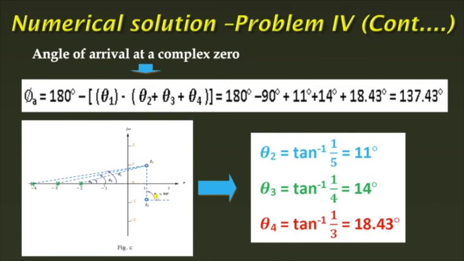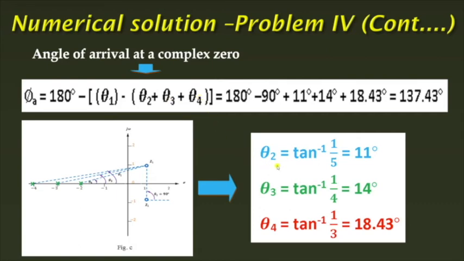Then we get theta 1, theta 2, theta 3, theta 4. Then calculate theta 1. Theta 1 is a 90-degree angle. Then minus the summation of all angles, that means the zero connected to another pole: theta 2 plus theta 3 plus theta 4.